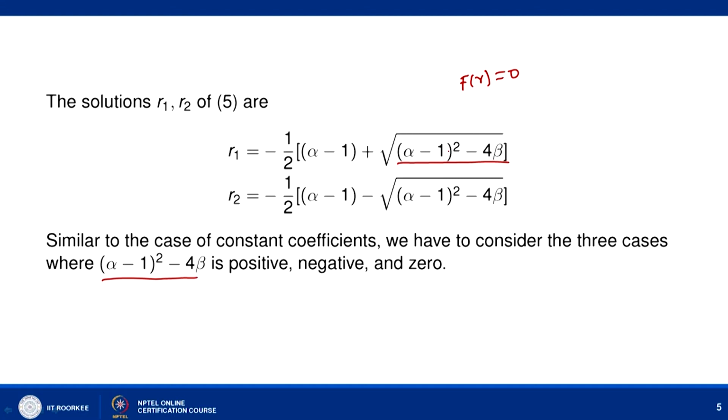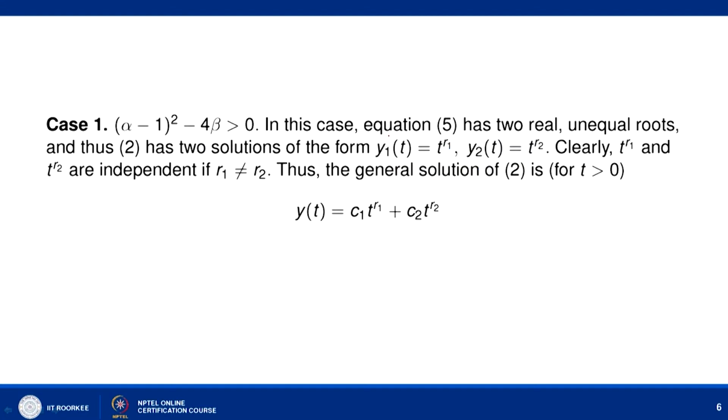In this case, equation 5 has two real unequal roots, and thus 2 has two solutions of the form y1 t equal to t to power r1 and y2 t equal to t to power r2. Here r1 and r2 are real, not equal, and satisfy the equation f of r equal to 0.